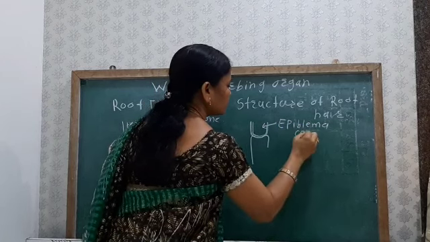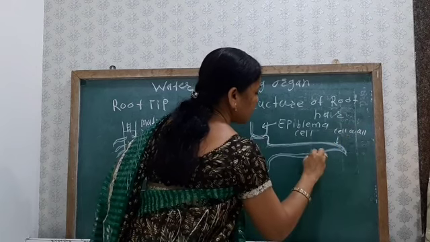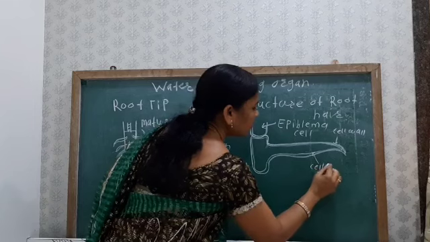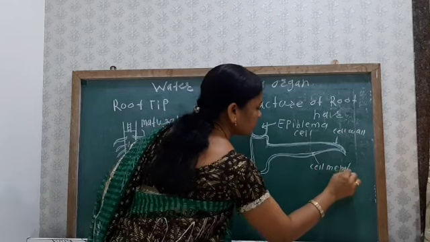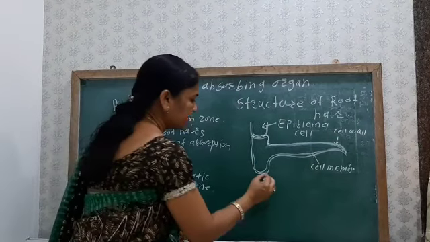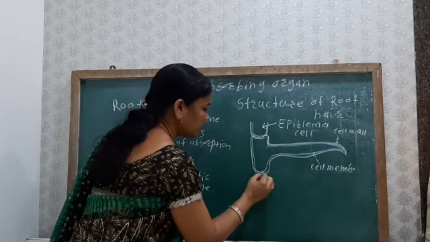It mainly has the cell wall and the cell membrane. The outermost wall is the cell wall, and inside it is the cell membrane. Root hair is a single cell.